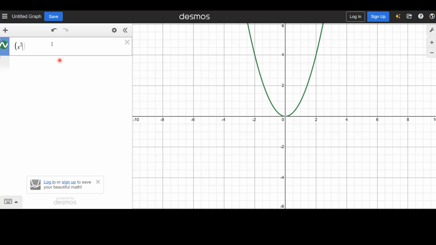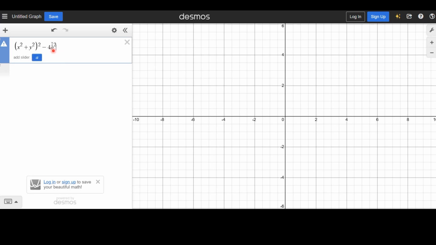So using Desmos, we're just going to put in x squared plus y squared close bracket squared minus 4. Let's use a in place of r, so we have 4a squared times y squared minus 4a times x squared plus y squared close bracket times x equals to 0.